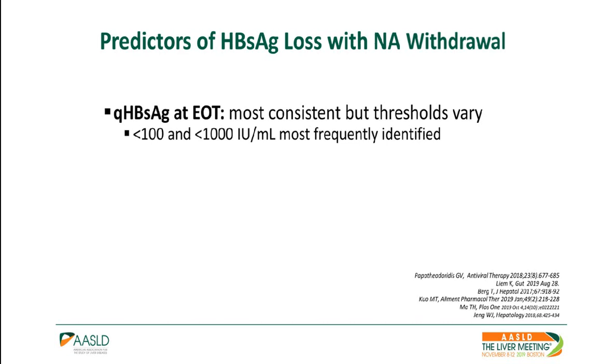The quantitative surface antigen at end of treatment is the most consistent marker available up to now, but the thresholds vary between less than 100 in the Asian population and less than 1,000 in Caucasian patients, most frequently identified.